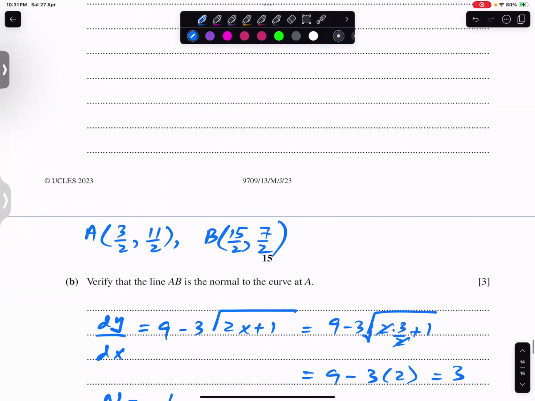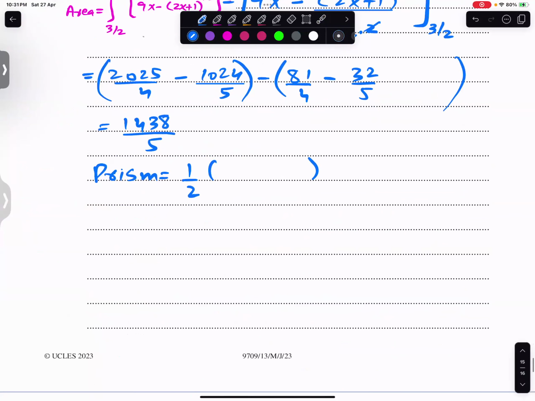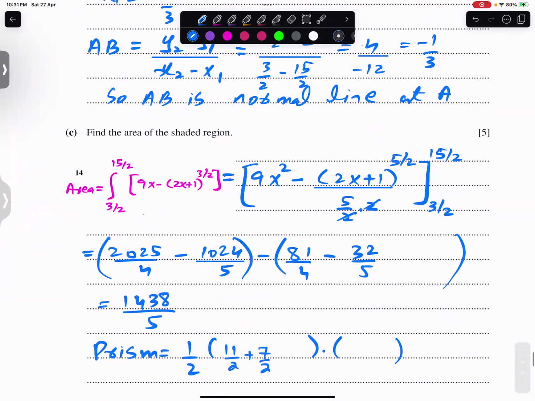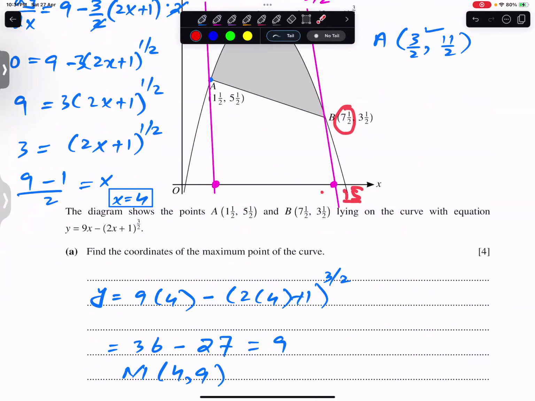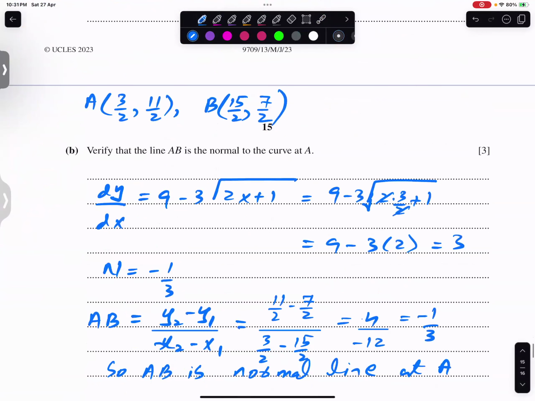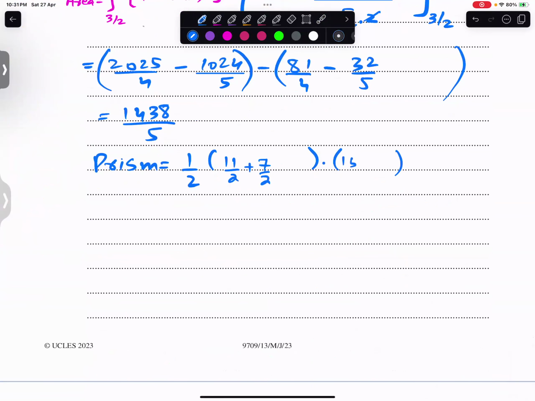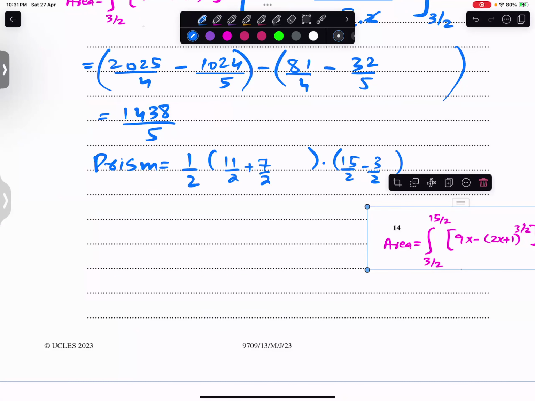And the distance between these two heights is 15 over 2 minus 3 by 2, which will be 12 over 2.